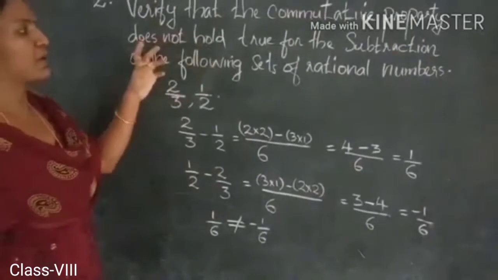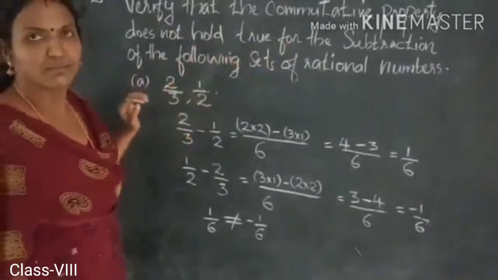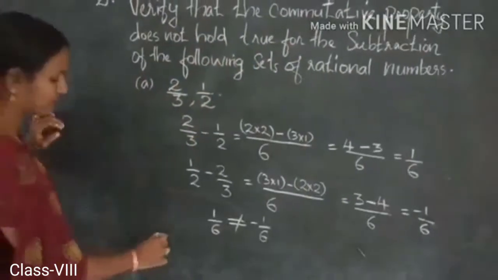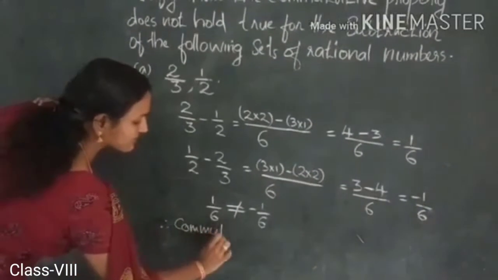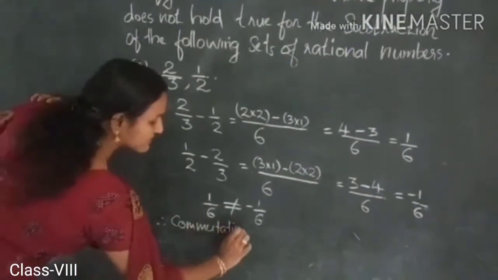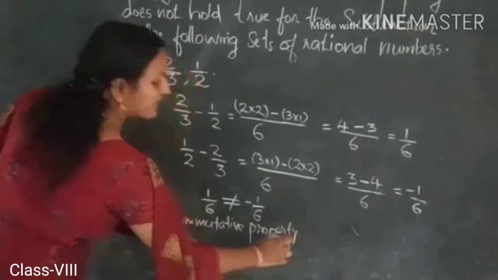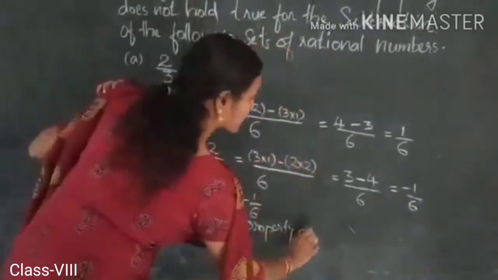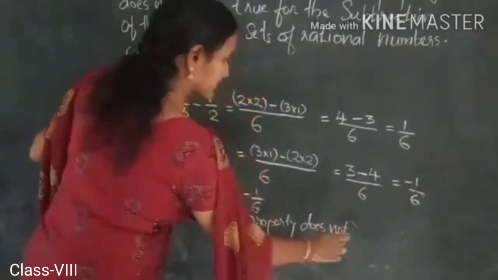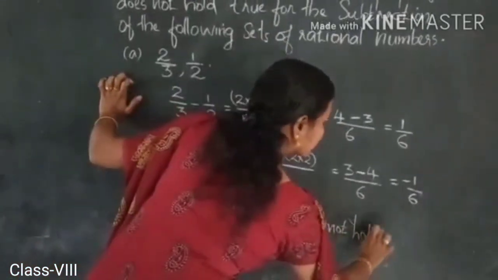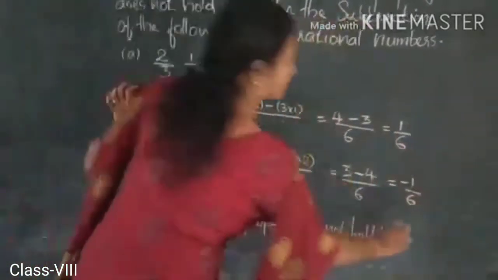Therefore, the commutative property does not hold true for the subtraction of rational numbers.